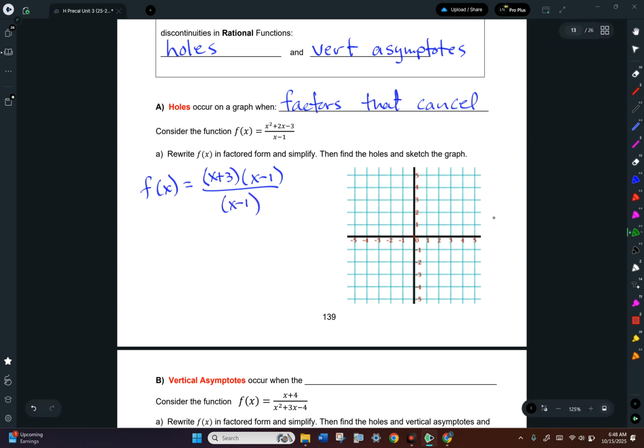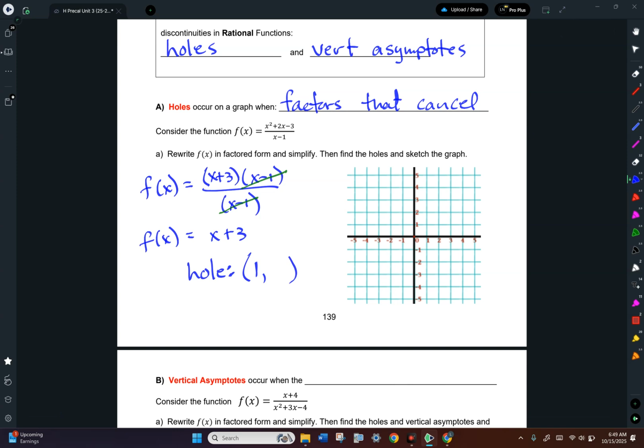I'm sure you can tell at this point, these are the factors that cancel. So all I have left is the x plus 3. Since I had factors that cancel, that means there's a hole on this graph when x equals 1, because it's whatever makes that factor equal 0.